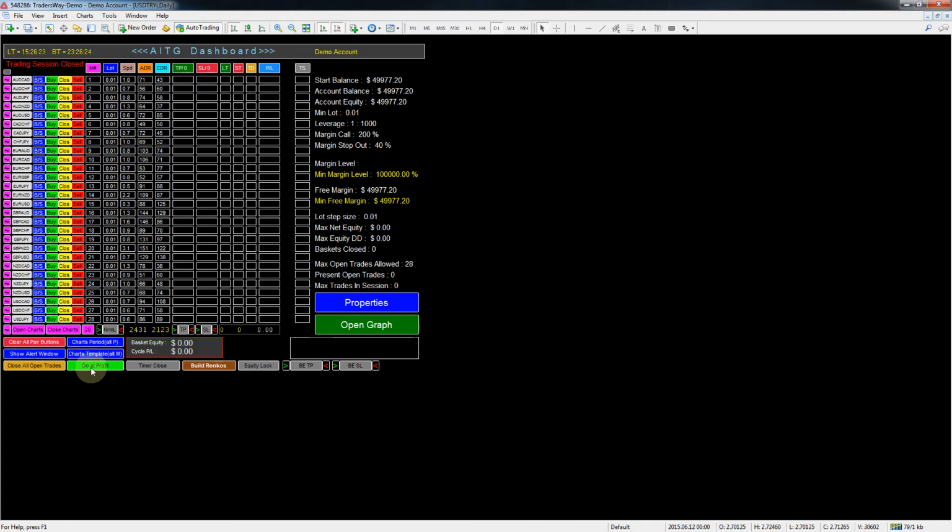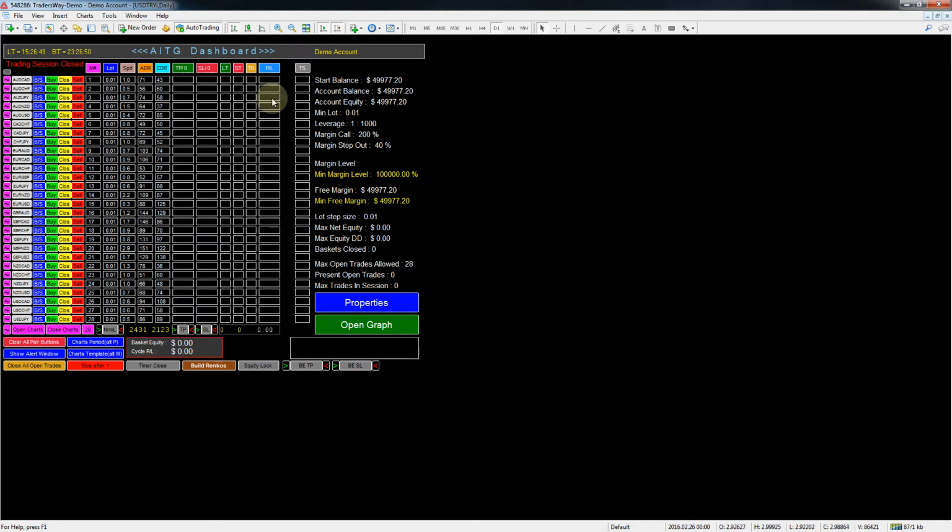Now over here we have a button that's called Go at Profit. What that means is when one basket closes, it will start to build another basket as the signals come in, and the trades will be added into that basket. Now if you only want to take one basket, you just click this button and it'll change to 1.